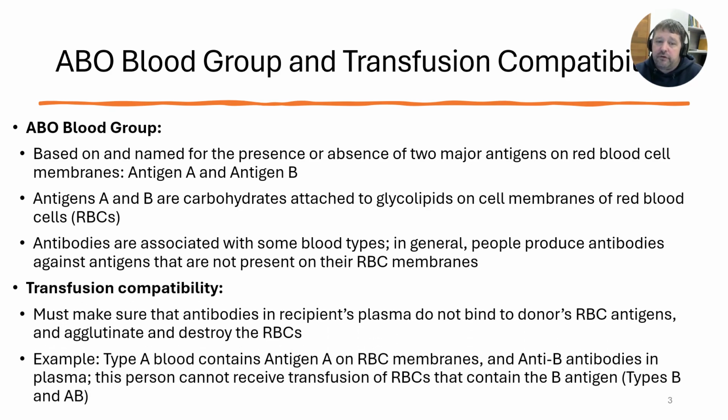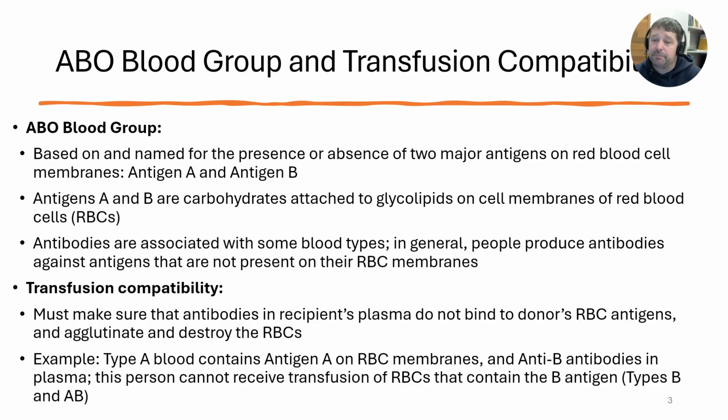So, transfusion compatibilities. Of course, this should make sense to you. We've talked about this in lab. You just need to make sure that the antibody, which is what's going to react to the antigen, is not present in the individual that is becoming the recipient of the blood. So, for example, if you have type A blood, it means you're producing A antigens.